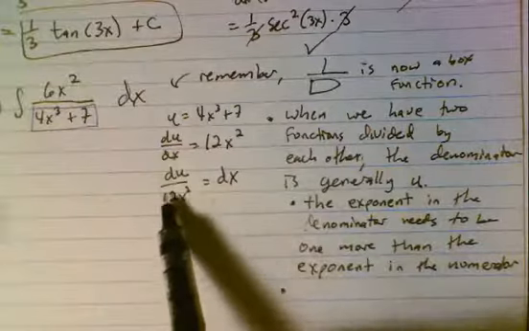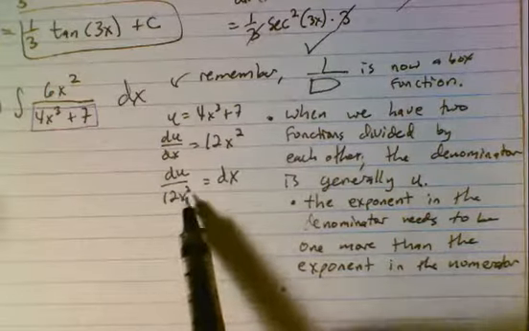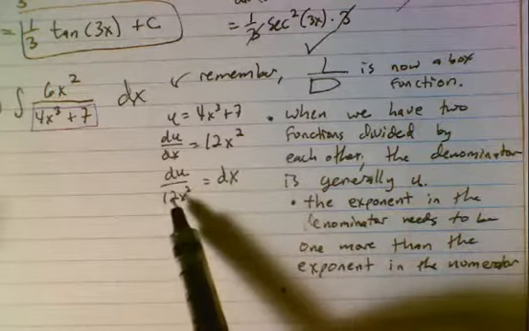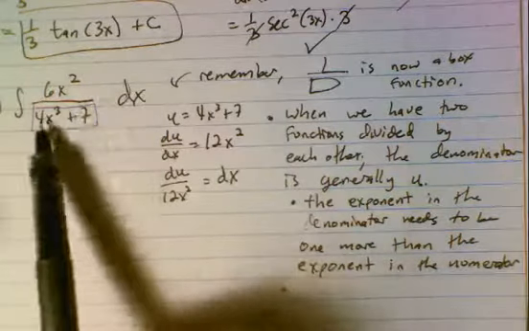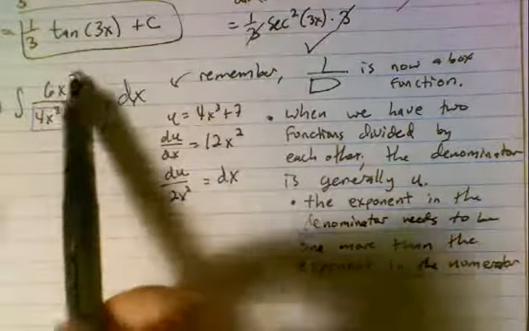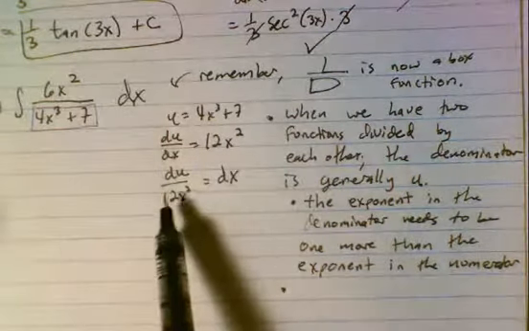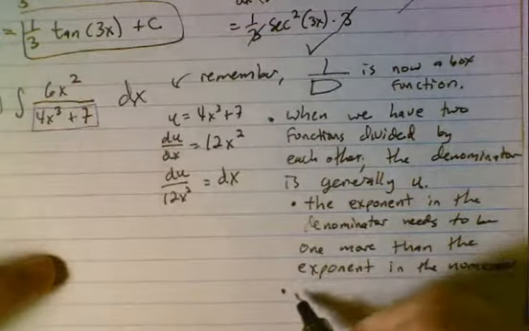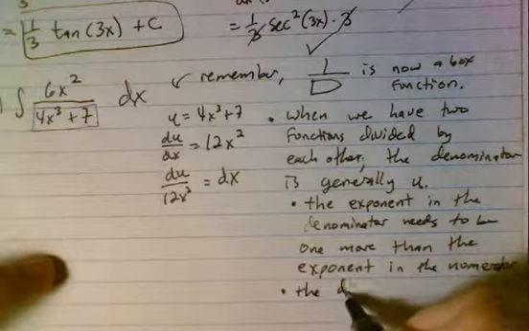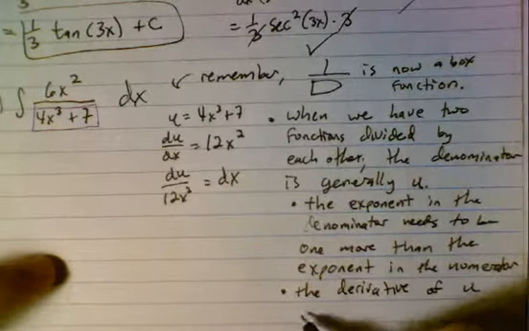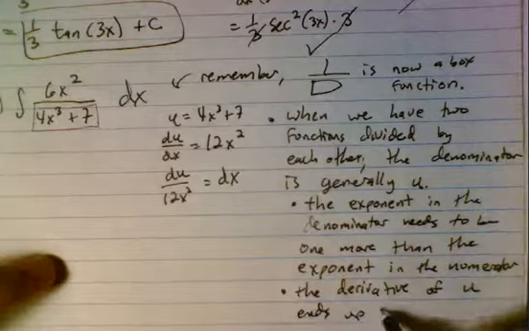Because whatever we have here as the derivative of u, when we manipulate this to get dx by itself, it ends up in the denominator. And so it's very hard for us to cancel this out, because these are both in the denominator and they don't cancel. But we can cancel what's in the numerator fairly easily. So the derivative of u ends up in the numerator, or in the denominator.